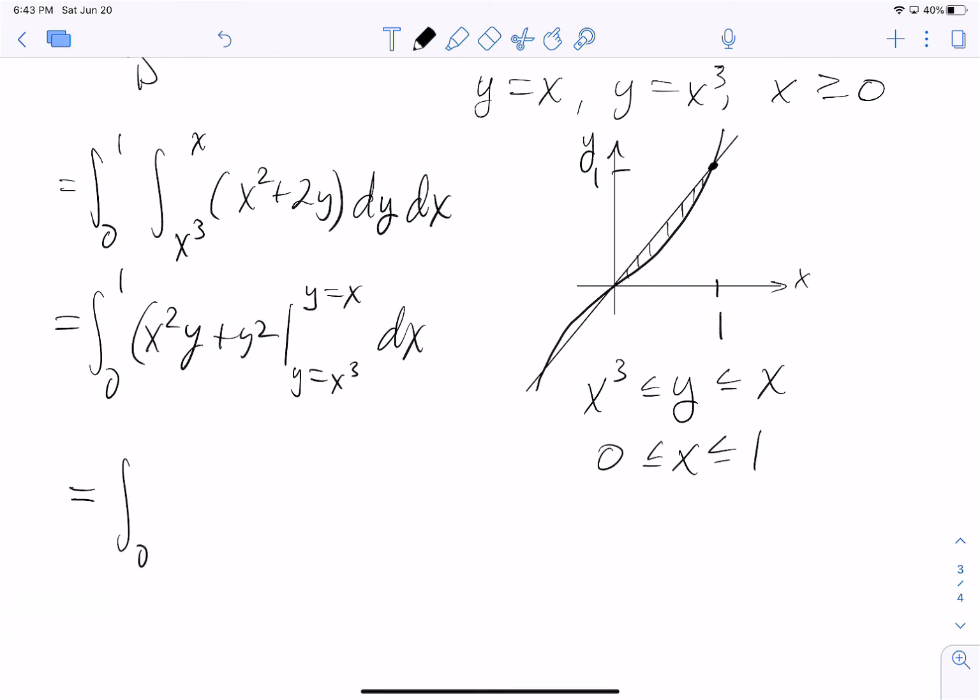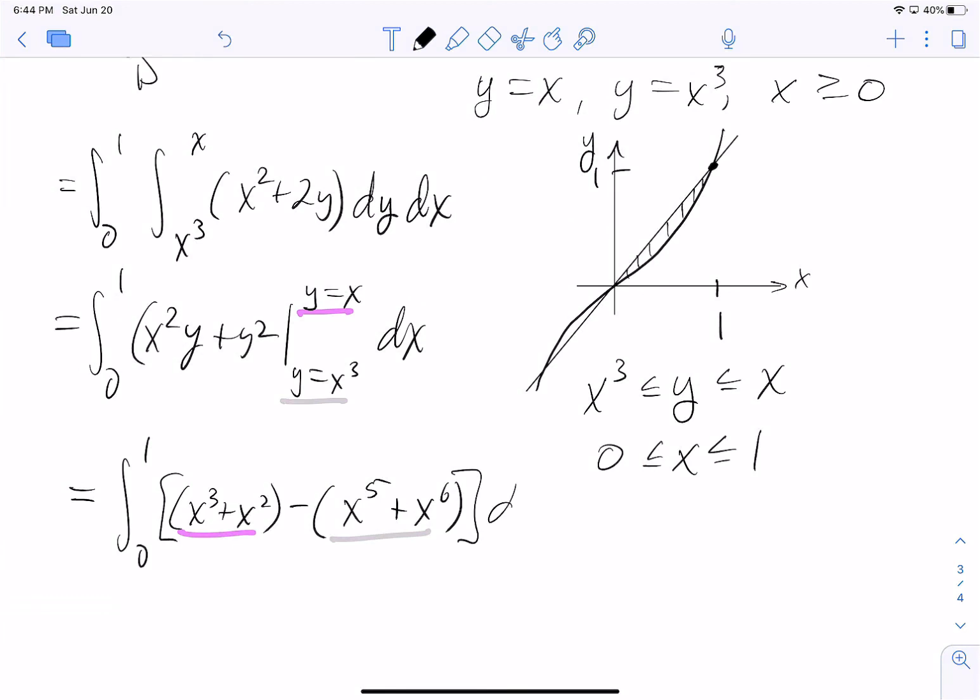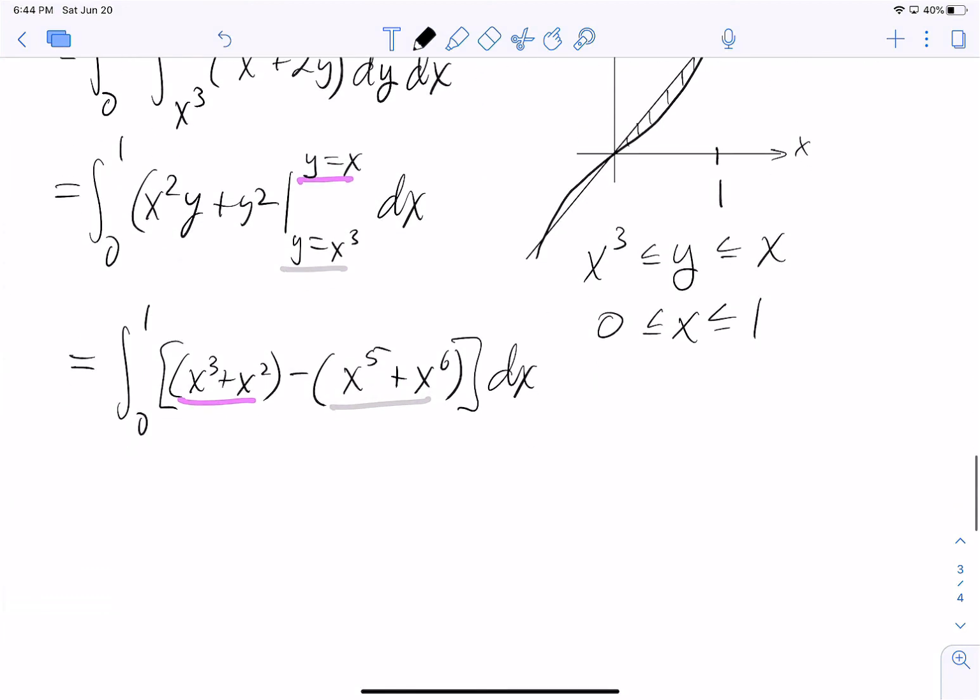Doing our substitutions, we get the integral from 0 to 1 of x cubed plus x squared. That's what we get when we plug in y equals x, minus the quantity of x to the 5th plus x to the 6th. That's what we get when we plug in x cubed in place of y. And we're still going to integrate with respect to x, so we still have dx.